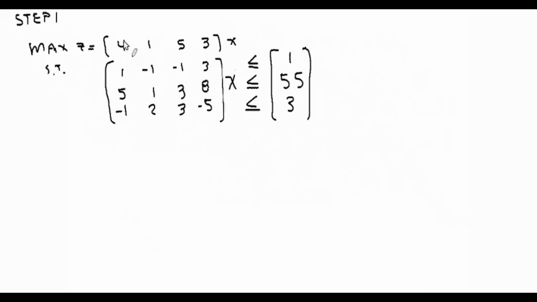And then also you can see that everything's lined up in terms of columns over here for our cost coefficient vector and our constraint matrix.